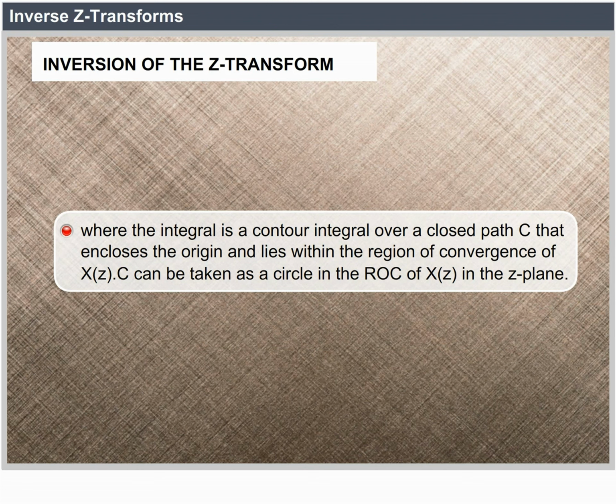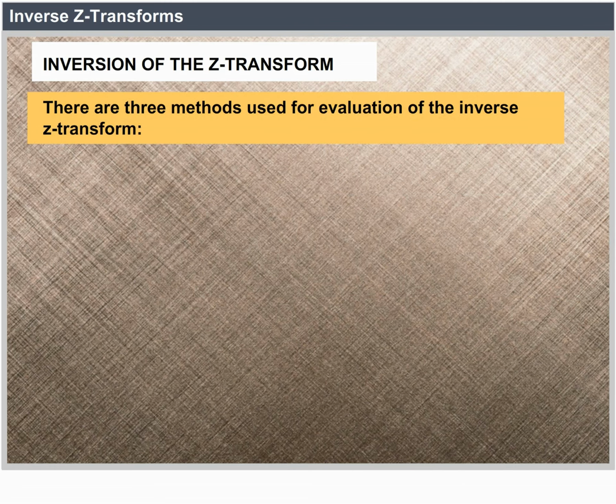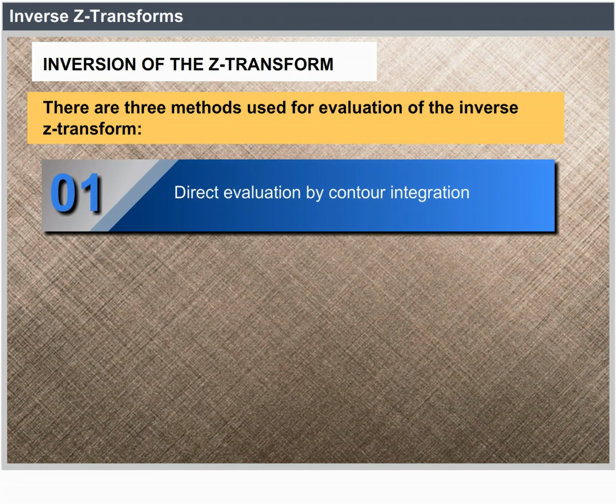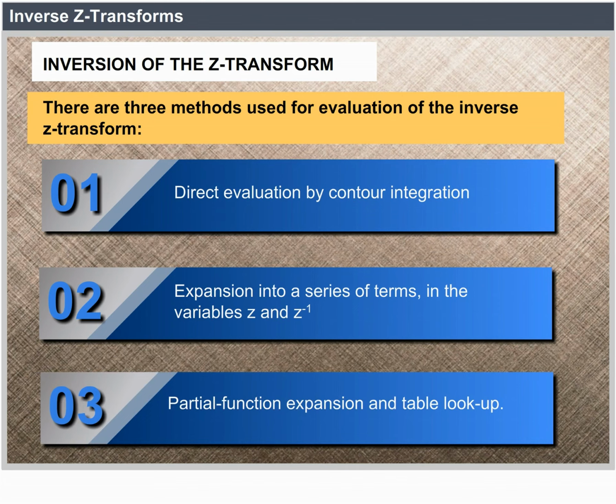C can be taken as a circle in the region of convergence of X(z) in the z plane. There are three methods used for evaluation of the inverse Z transform. Number 1. Direct evaluation by contour integration. Number 2. Expansion into a series of terms in the variables z and z power minus 1. Number 3. Partial fraction expansion and table lookup.